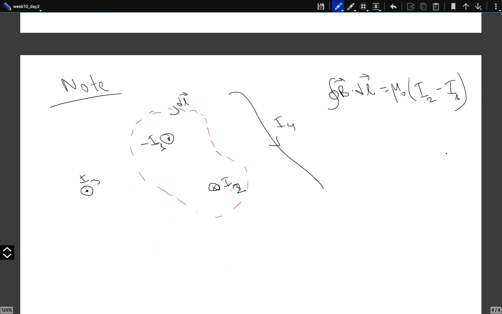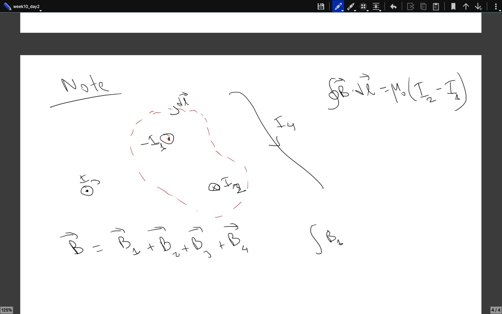Now, any questions? Hocam, how do I3 and I4... I3 and I4. Well, let's see. The B will have contributions from current I1, from current I2, from current I3, and from current I4. The total magnetic field will be the sum of all these.